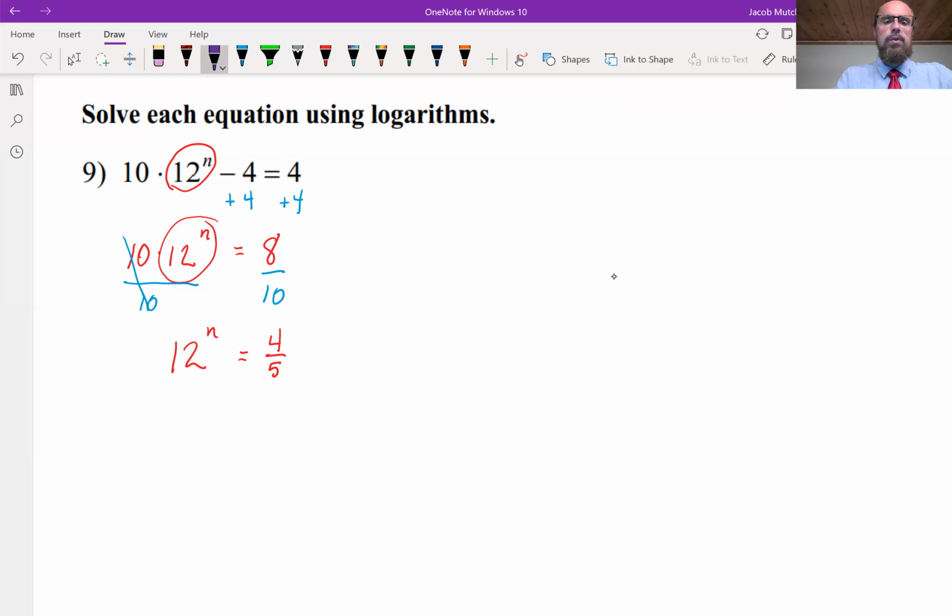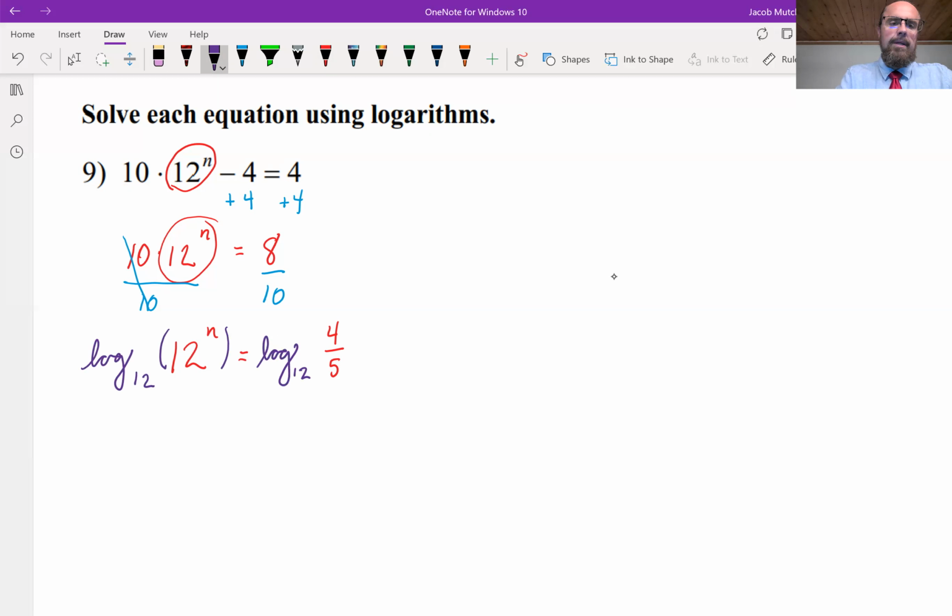So the way I would use logarithms in this instance would be to apply logarithm of the base that I have in the exponential. So I see the only base that I've got here is 12 to the power of n. So to use the logarithm strategy, I want to apply log base 12 to both sides of this equation.